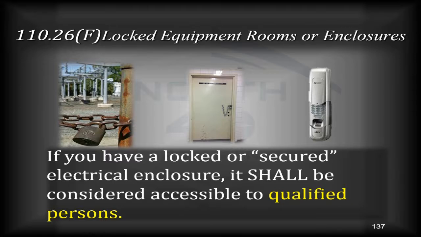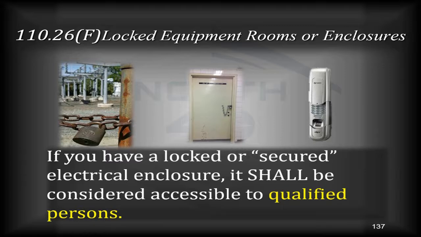Okay, so the code has incorporated for quite a while now 110.26F, which deals with that. If you have a locked or secured electrical enclosure, it shall be considered accessible to a qualified person. Okay, because that qualified person will probably have access to it.